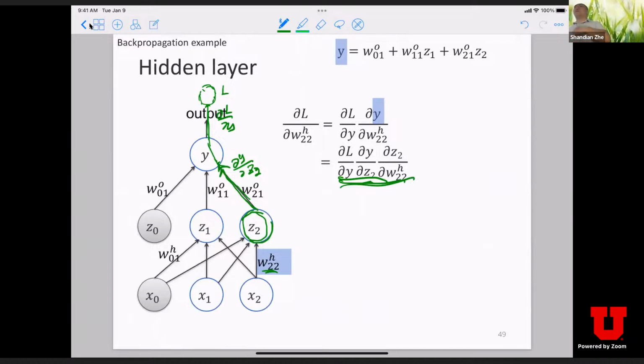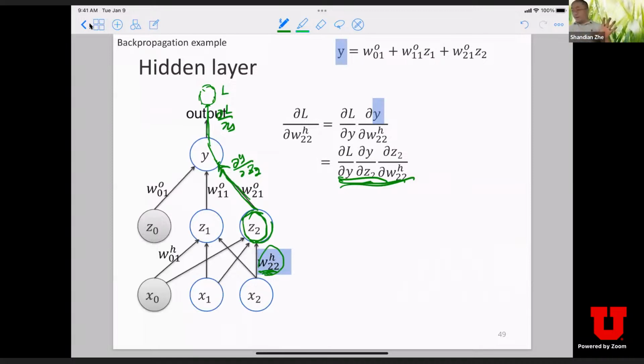But this can be immediately read out by looking at the graph structure. Just look at the target node that the edge containing W22H points to, which is Z2, and look at all the paths from Z2 to the output neuron Y. Here, there's only one path. So to compute the partial derivative with respect to W22H, you just multiply the partial derivatives along that path, and of course multiply the partial derivative at the end, partial Z2 over partial W22H.